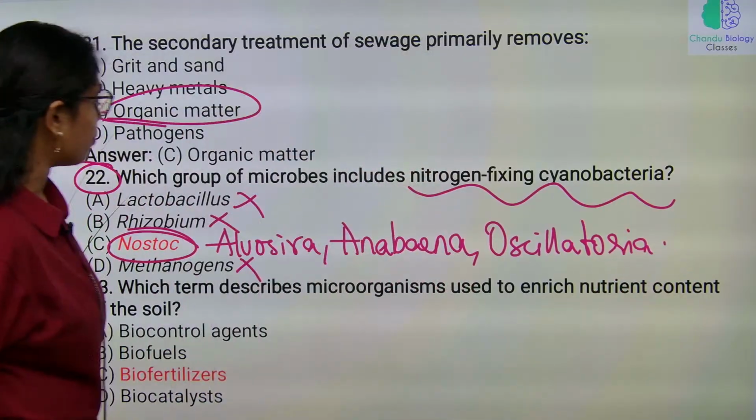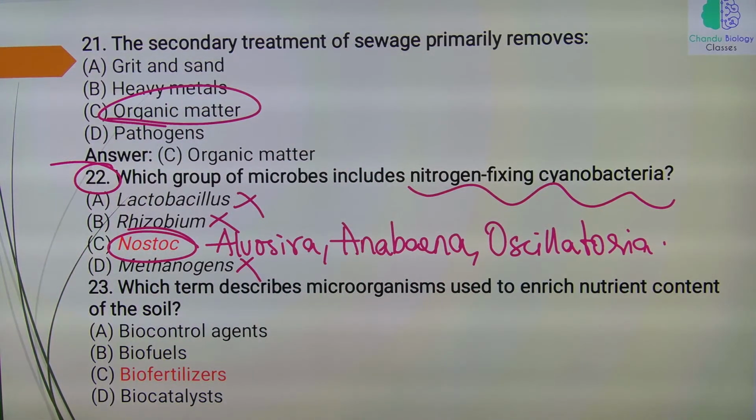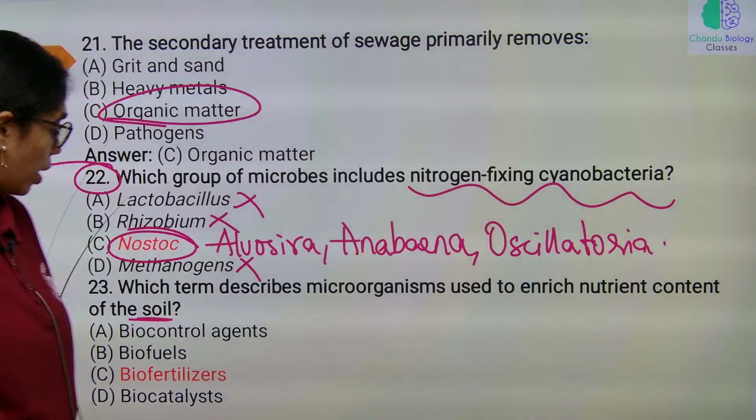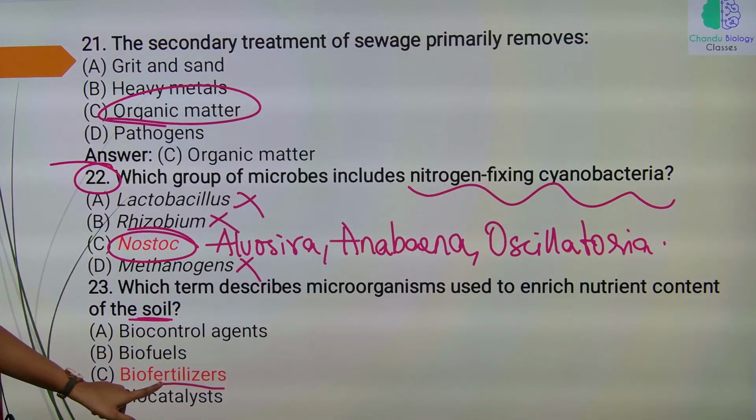These are the examples of nitrogen fixing cyanobacteria or blue-green algae. And then, which term describes microorganisms used to enrich nutrient content in the soil? Those are biofertilizers, of course.